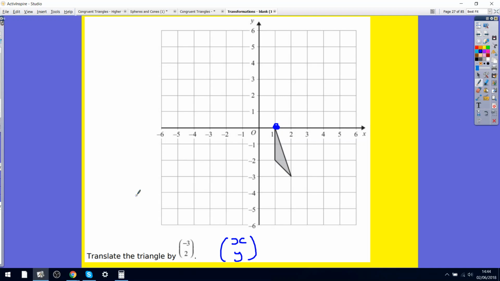But because it's a slide, it's not a coordinate, so it doesn't mean go to the coordinate -3, 2. It means go -3 along x and 2 up along y.